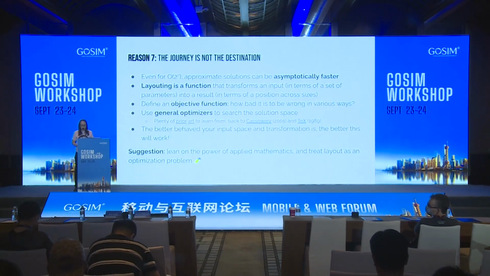We can borrow from LaTeX and define an objective function to say, how bad is it to be wrong in various ways? What are our penalties? And you can just use general optimizers to search this sort of solution space, at least as a first approach. And because you have this function and the objective function decoupled from your optimizer, you can go and replace them.